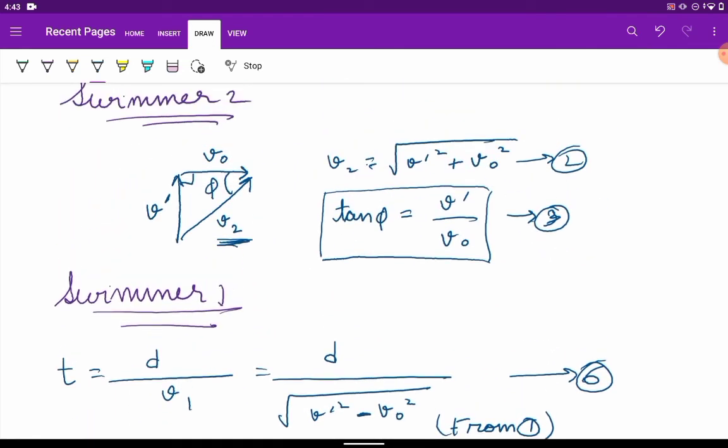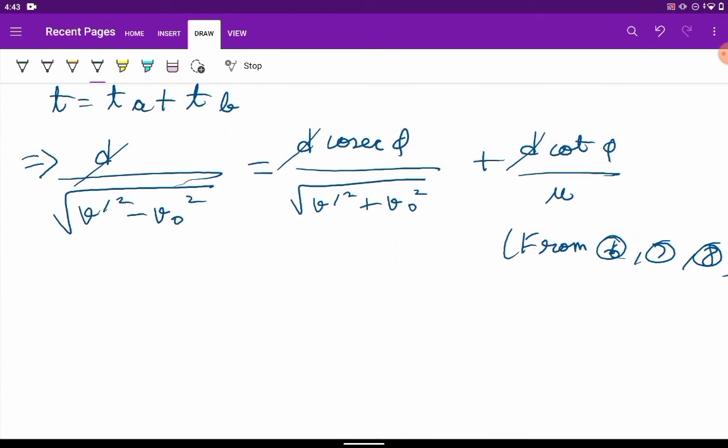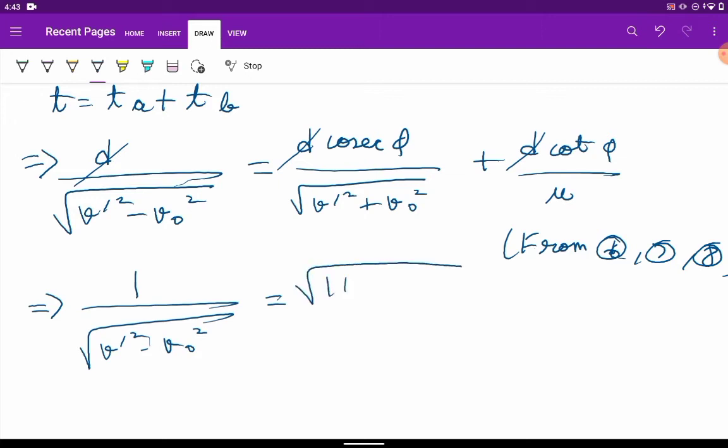tan phi from 3 is v dash by v naught, right? This means 1 by root over v dash square minus v naught square is equal to cosecant phi. Cosecant square phi minus cot square phi equal to 1, so cosecant is root over 1 plus cot square phi.